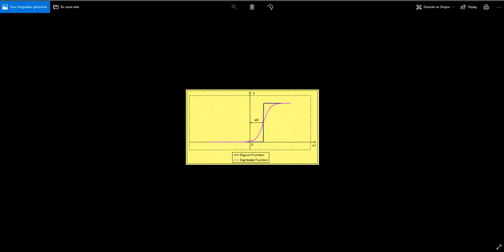I told you before, the sigmoid and signum functions depend on the weights. We will see the sigmoid function. Our lesson is not focused on the signum function, but we will see the different usages of sigmoidal functions and the differences between them.